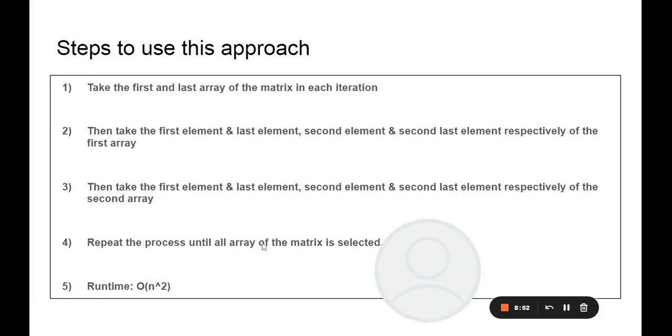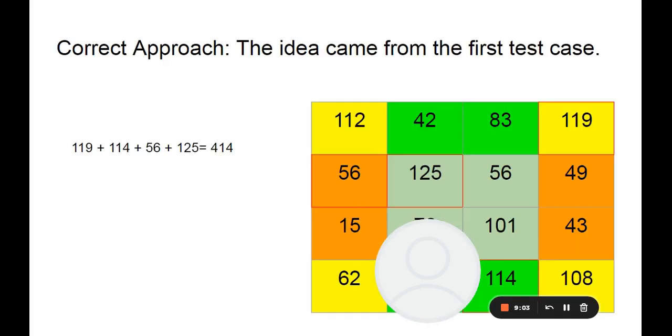This is a 2D matrix, right? So we touch upon all the arrays of this matrix. Let me recap this. First we take these two arrays, the first one and the last one.